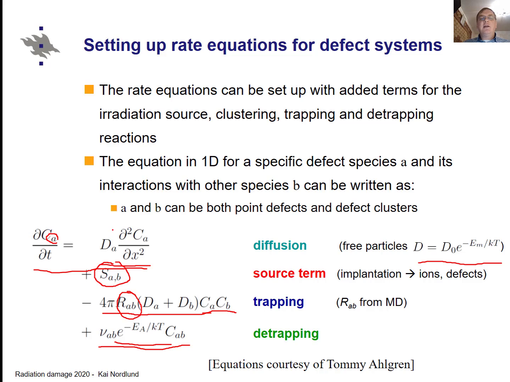So this is the basic idea, but note that this here is for one defect species. Then for each defect species you are interested in, you have to have a similar differential equation, which then, due to the trapping and detrapping, may depend on all other types. So one gets a quite complicated set of coupled differential equations. But they can be solved with iterative numerical means.